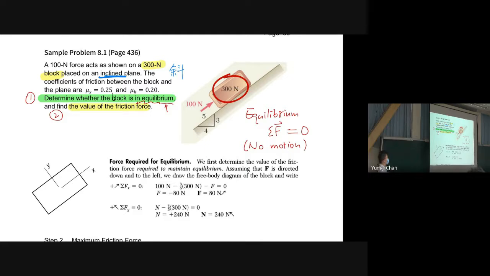If it is not in equilibrium, summation F is not equal to 0, it means motion, right? Or F equals ma. It's okay.